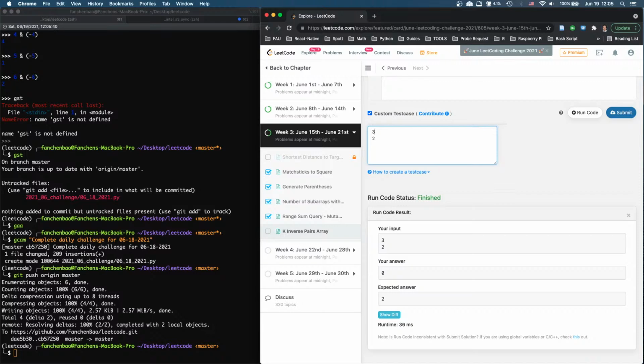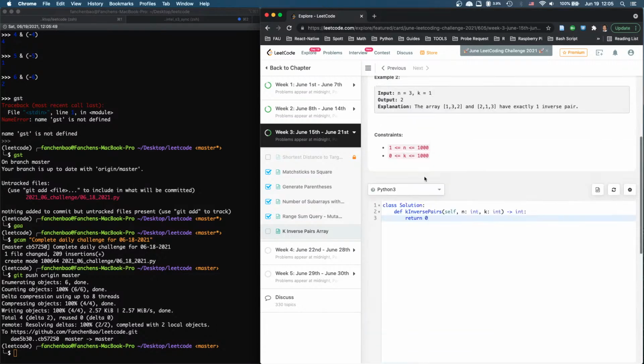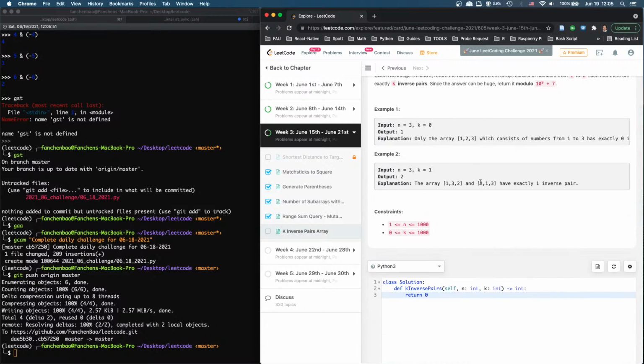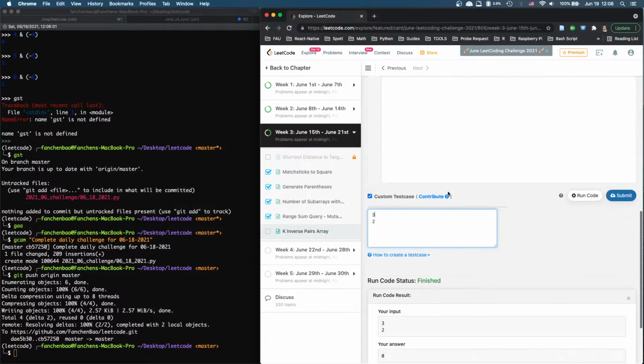But if it's one pair, we can move the largest value. It shouldn't be also 2, right? 1, 2, 3 is 2. Yeah, we move the largest value, move 3 to here. Or we move the smallest value, move 1 here. That gives us 2. And if we do a 2, that's also 2.